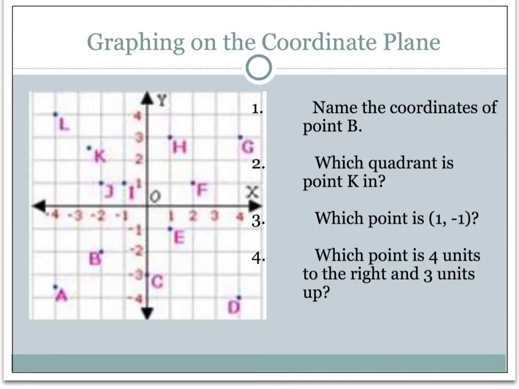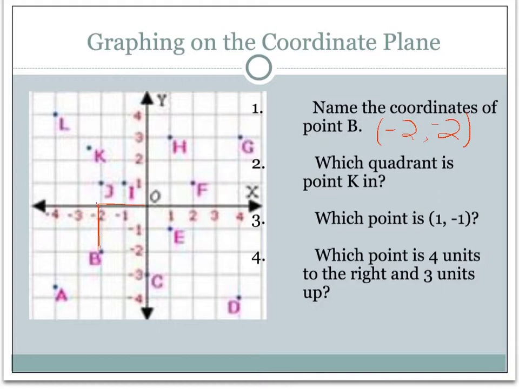So the first part of the coordinate would be negative 2. From here then, we would go down 2 units to get to that B point. So the y-coordinate would also be negative 2. So point B is the point negative 2, negative 2.